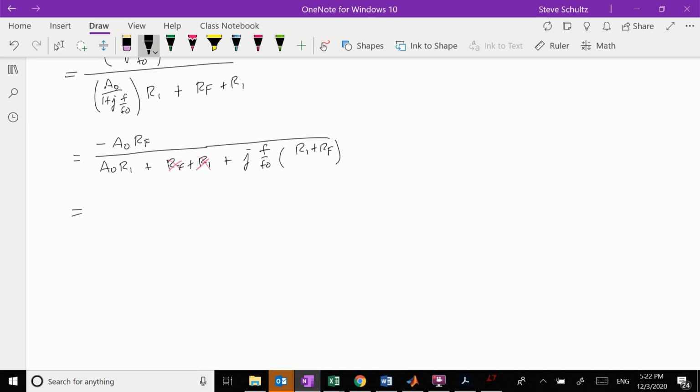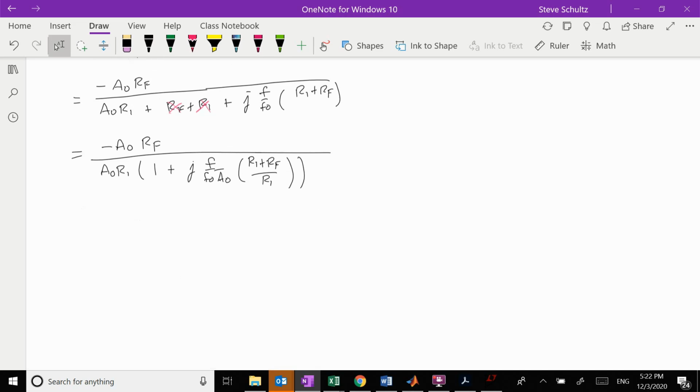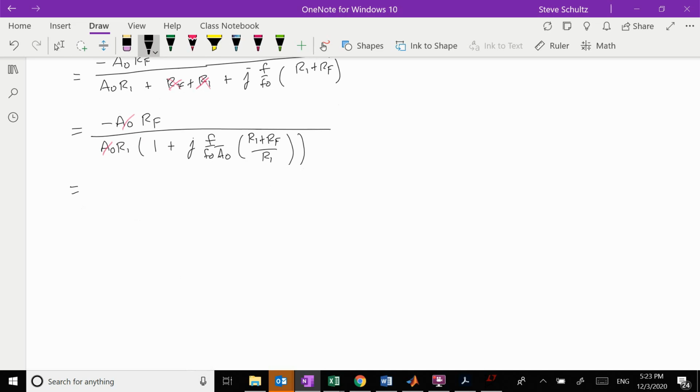So then we have minus A0 RF all over A0 R1 times 1 plus jf over f naught A naught times R1 plus RF over R1.